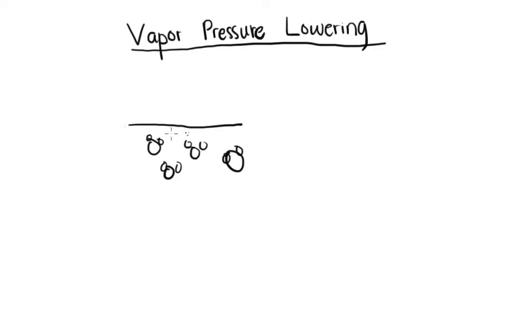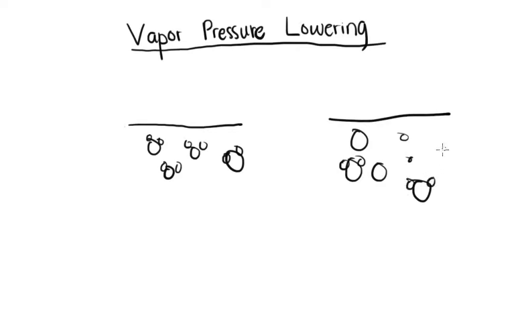Now, this pure solvent, water, has a pretty okay vapor pressure. Now, let's say we add a bunch of these salt molecules to it. These are the salt molecules. It's harder for these water molecules to get to the surface because of these solute particles. So because it's harder for these to get to the surface, the vapor pressure is lowered.